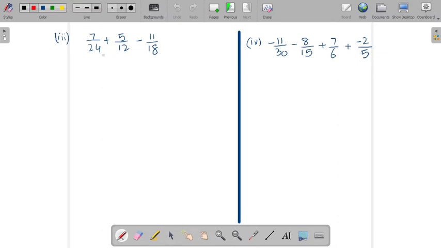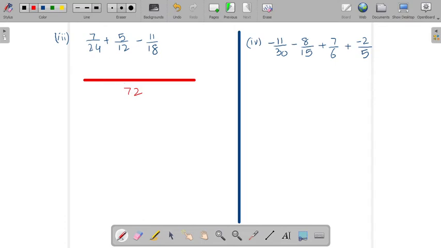In the third part, straight away you will find the LCM of the denominators. Why? Because all the terms in the denominator are positive. So its LCM would be 72. 72 would be the LCM.